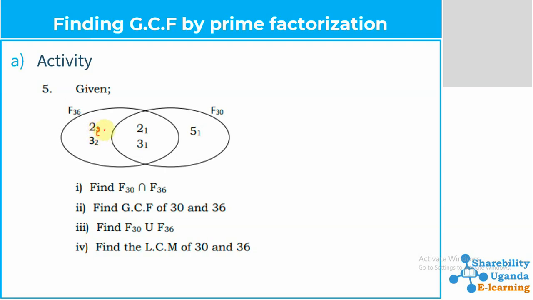So in this question, as you can see, we have been given a Venn diagram, but they want us to find the prime factors of these numbers. They want us to find the prime factors of 30 intersection the prime factors of 36. Then they want us to find the GCF of 30 and 36 using prime factorization.